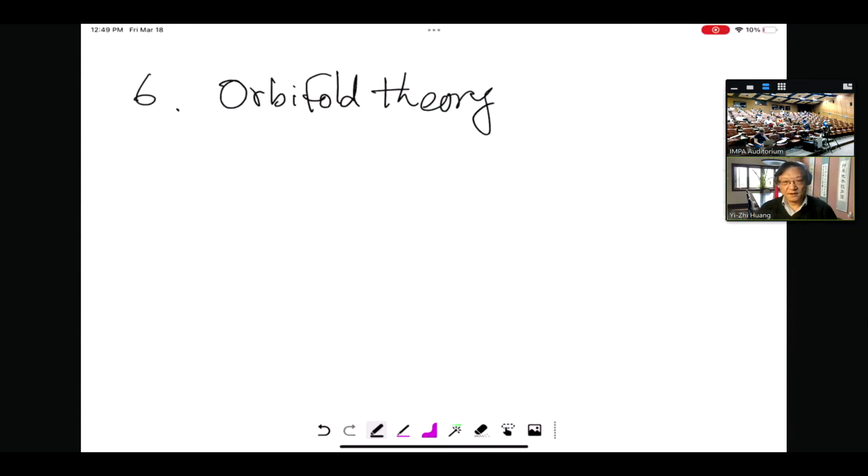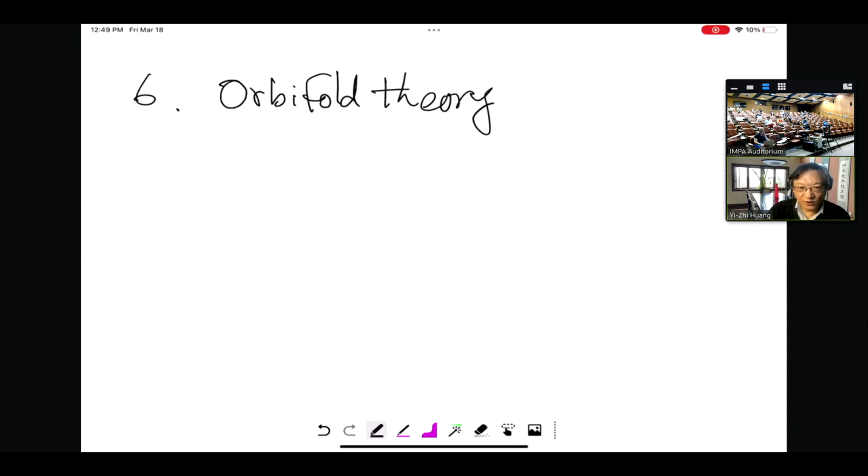Orbifold theory, roughly speaking, is the following. You can talk about orbifold theory in the conformal field theory sense, but because we are discussing this using the representation theory of vertex algebras, I will discuss from this point of view.